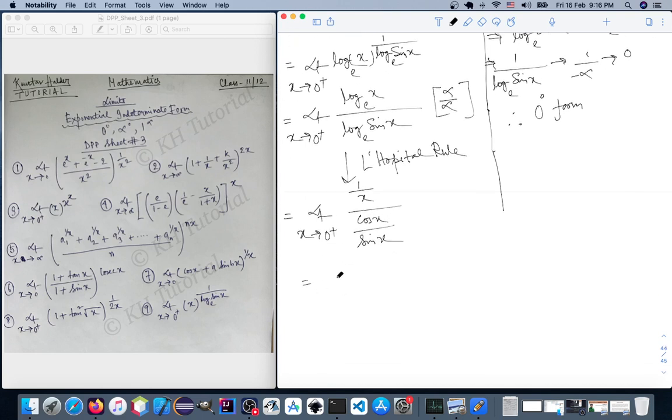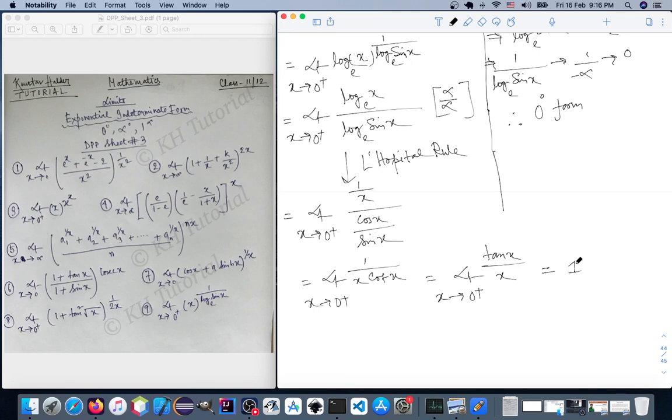This equals limit x tends to 0 positive 1 by x cot x, equals limit x tends to 0 positive tan x by x, which is 1.